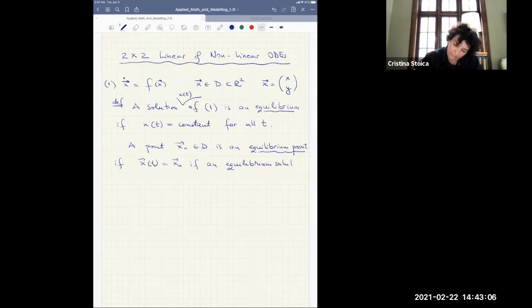People interchange these as they please. A solution is something that doesn't move in time, it's a function, but I can also think of an equilibrium point, the point where the value stays fixed for all t.